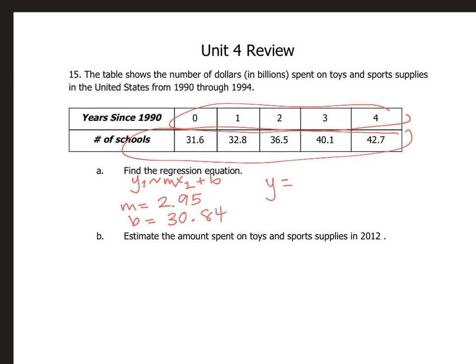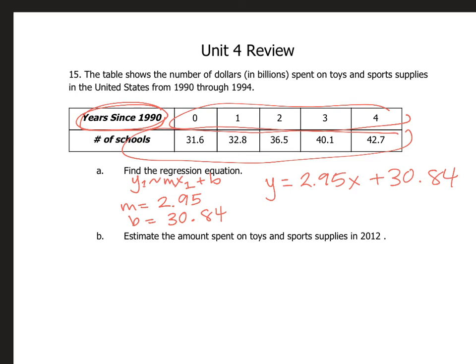So y equals 2.95x plus 30.84. Okay, and then our last part is asking to estimate the amount spent on toys and sport supplies in 2012. The first year is 1990.